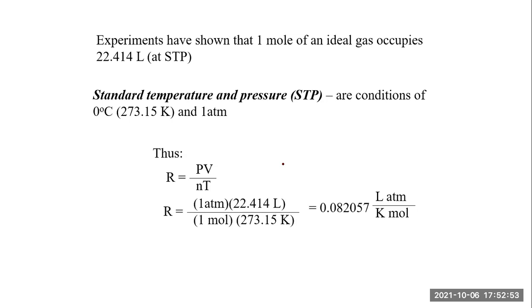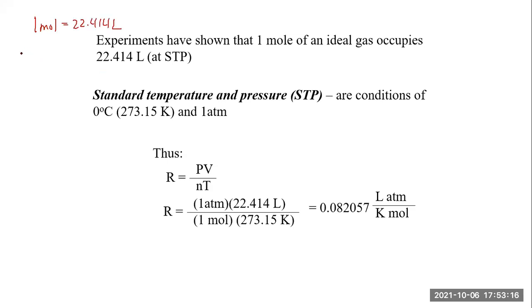The first relationship is what we see here on top, that experiments have shown that 1 mole of any gas will equal 22.414 liters at STP. So this is actually a conversion factor: 1 mole of any gas will equal 22.414 liters.